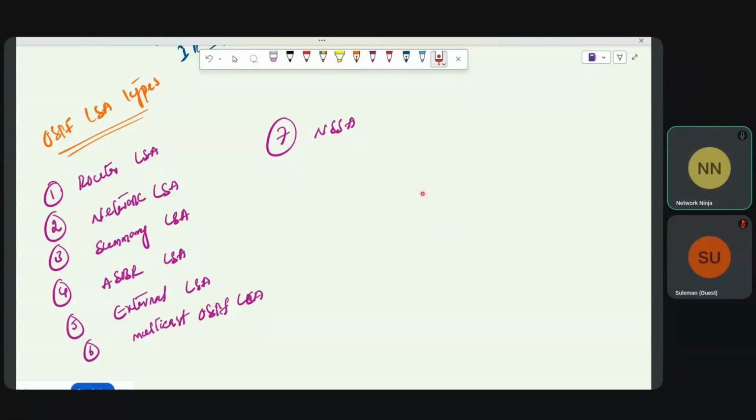To overcome this issue, we generate LSA7 instead of LSA5. Whichever router you configure as a stub router is not going to accept LSA5; it only accepts LSA7.